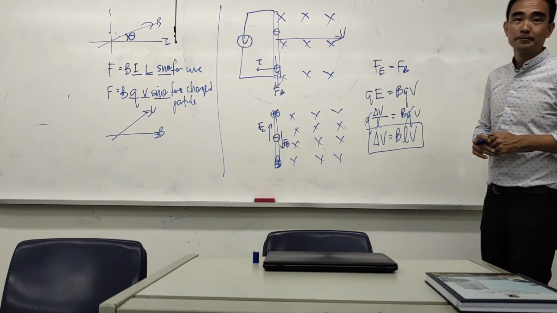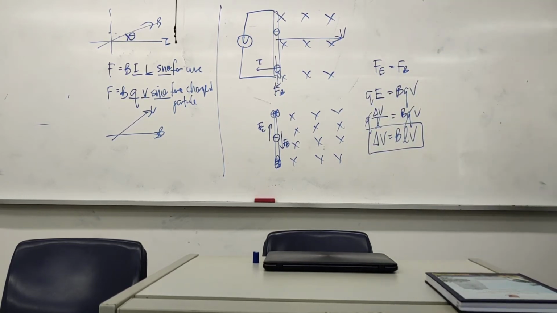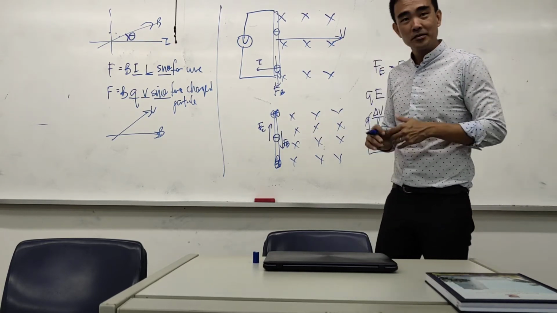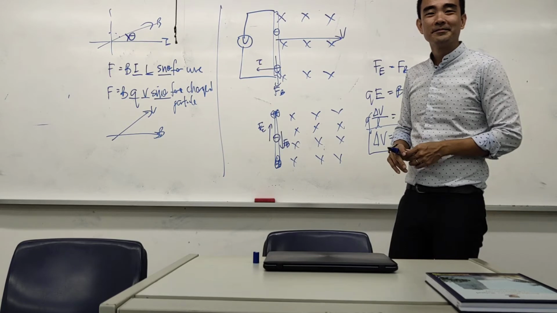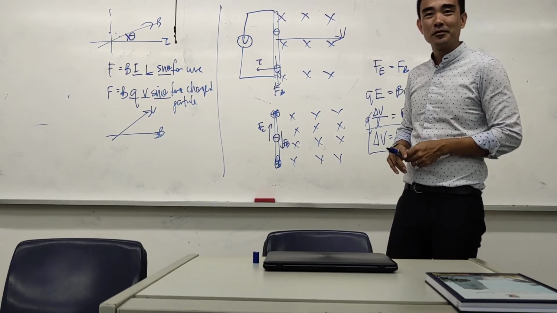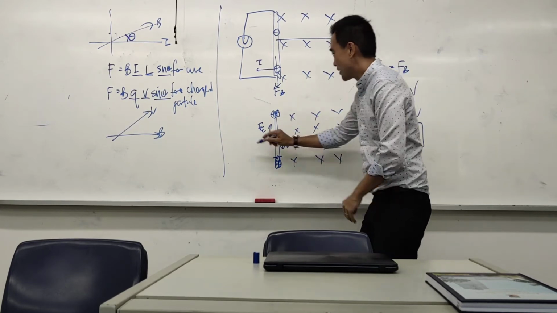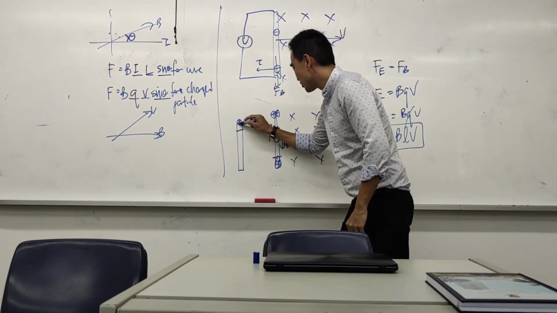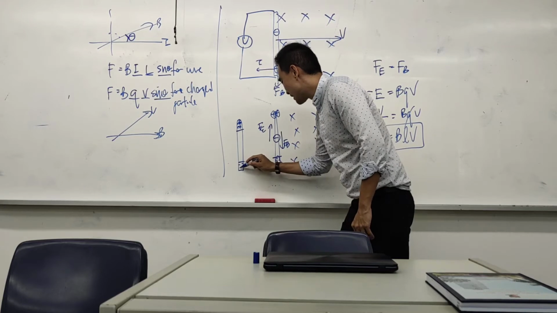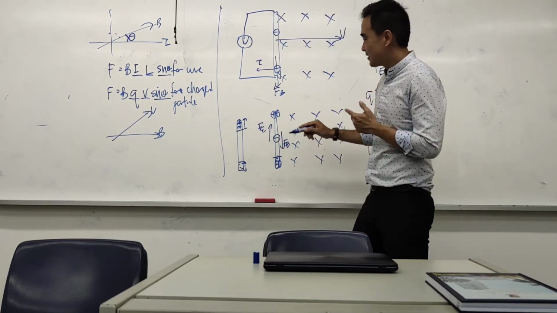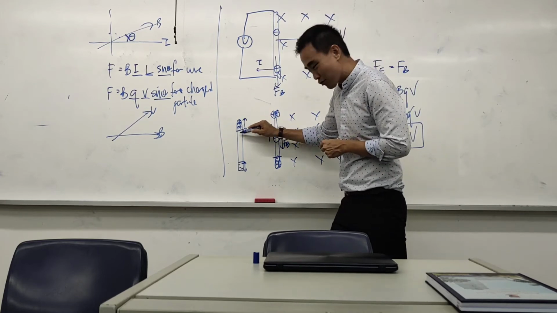But just to clarify, it's not actually the potential difference between two ends of the rod. Then what will the potential difference be across? It is across the two ends of the rod. It is between two ends. But of course, if you want to really open this section up, there are actually positive charges over here, negative charges over here. So if you want to consider this microscopic range, there is a potential difference across it even.